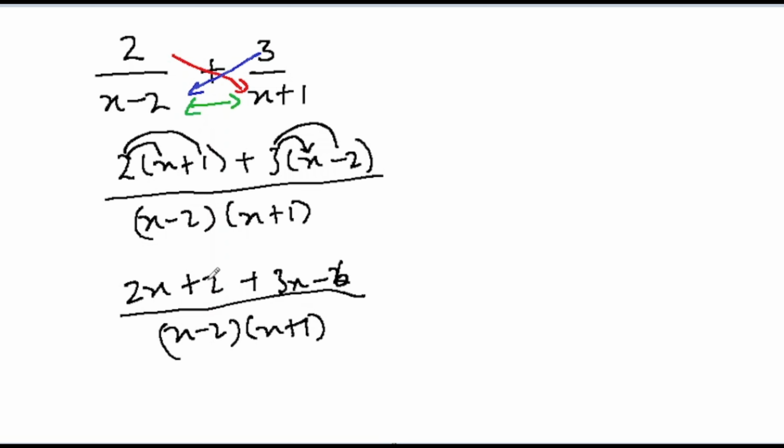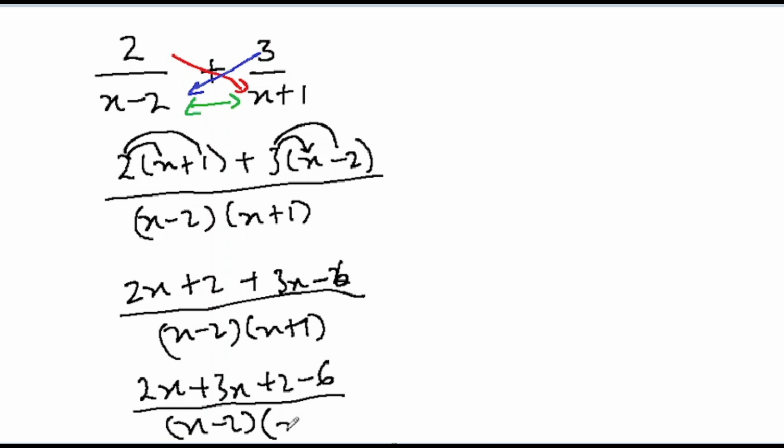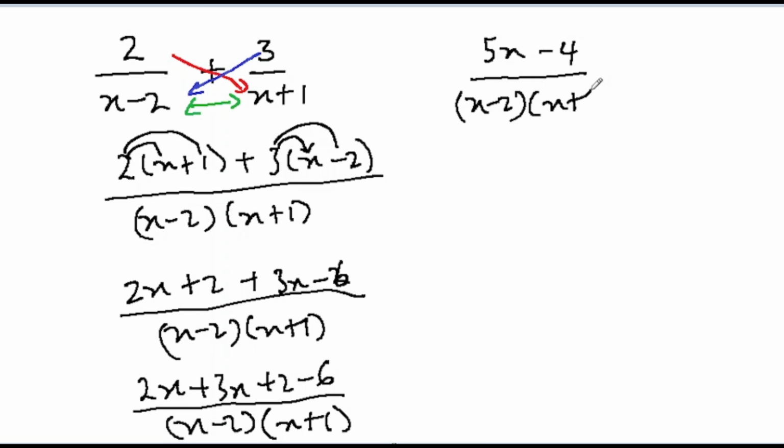So we collect the like terms. The like terms, we are going to have 2x plus 3x plus 2 negative 6, everything divided by x minus 2, x plus 1, and we have 5x, 2x plus 3x, that's 5x, plus 2 negative 6, that's negative 4, divided by x minus 2, and we have x plus 1.